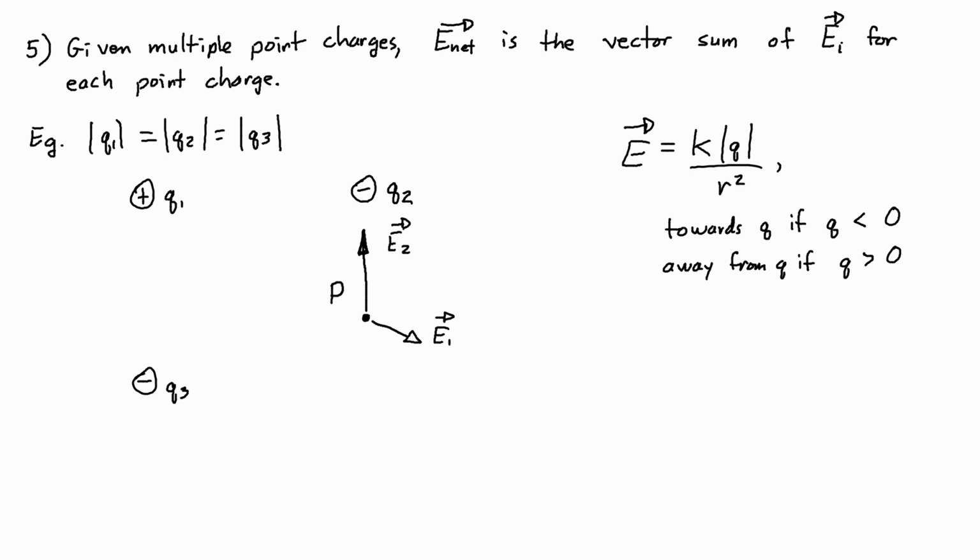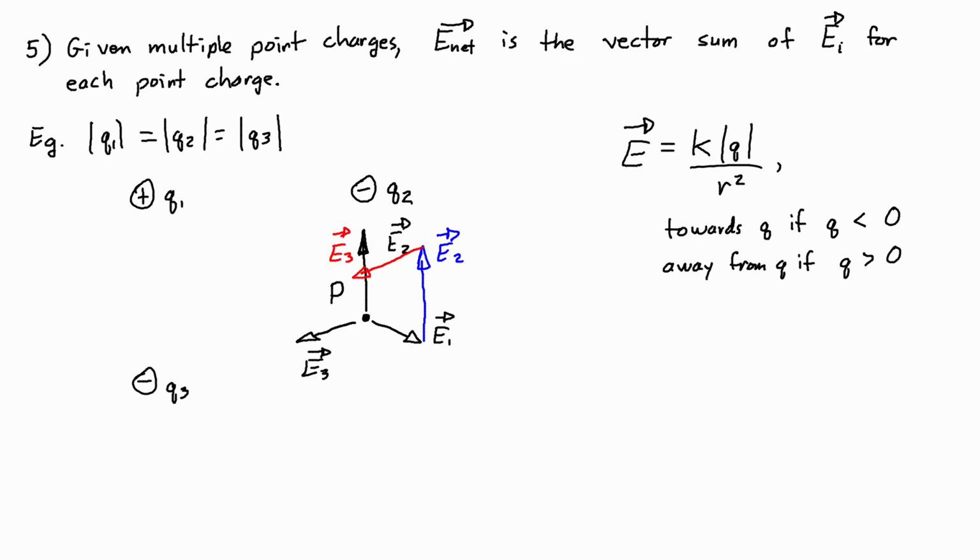Now, point P is farther from Q3 than it is from Q2 and a little bit closer than E1, so it should be somewhere in the middle. I'm not going to stress too much about getting the exact vector lengths. I'm just trying to introduce the idea. So out of this, we have 3 different vectors. To get the vector sum, we just have to add these up.